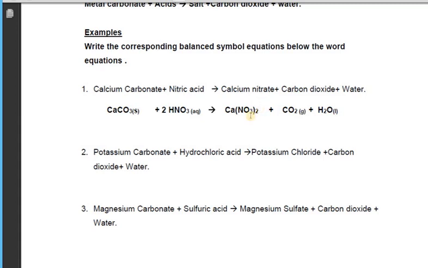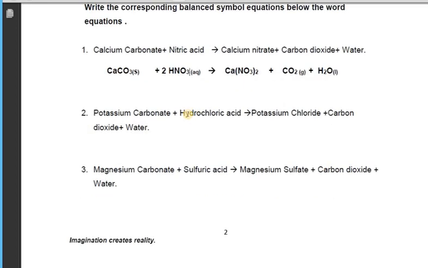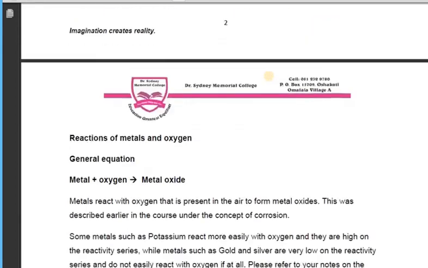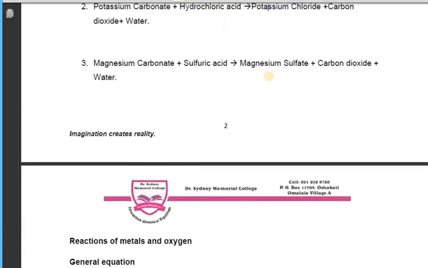Calcium nitrate is going to be a solid. Calcium carbonate is a solid. Nitric acid is aqueous. We just think of it as being a liquid, but it's actually aqueous. So you will fill in the missing symbols for these reactions. You can pause the video for 2 or 3 minutes and then fill in these equations.